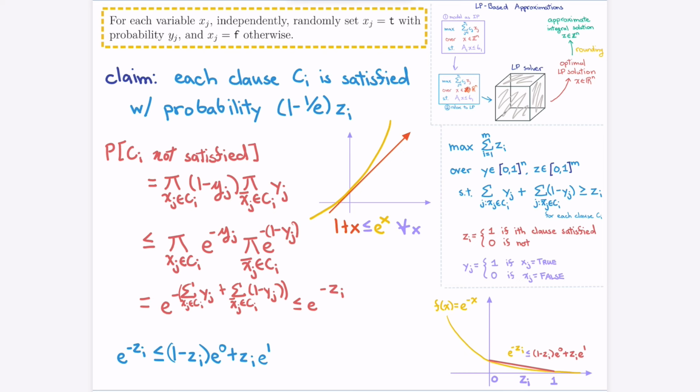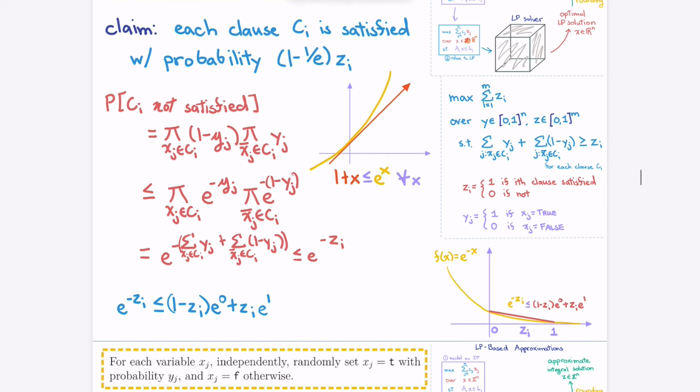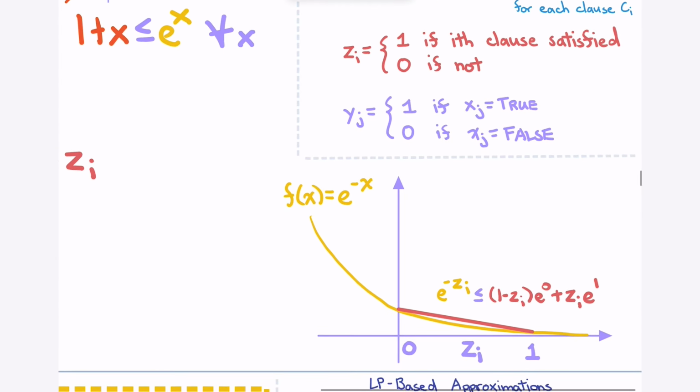Right, so here I've plotted, maybe I can zoom it bigger, the function e to the minus x, right? Which is some curve that goes down. All you really care about is the fact that it's convex up, right? So it looks like a bowl.